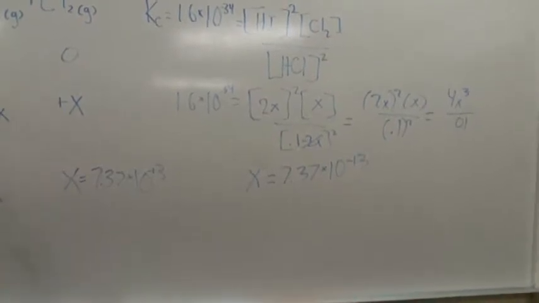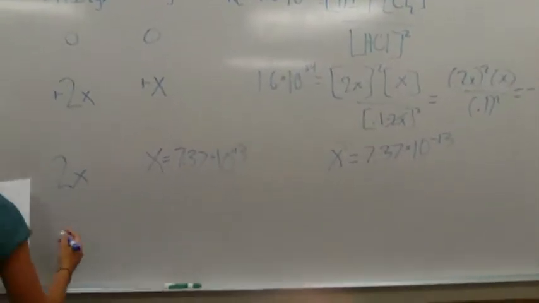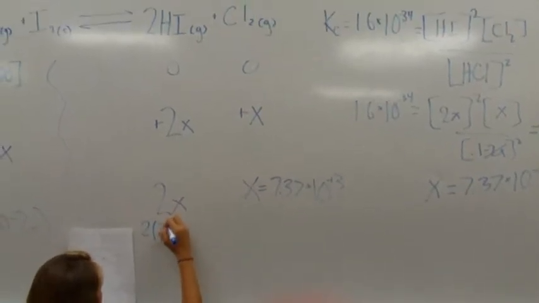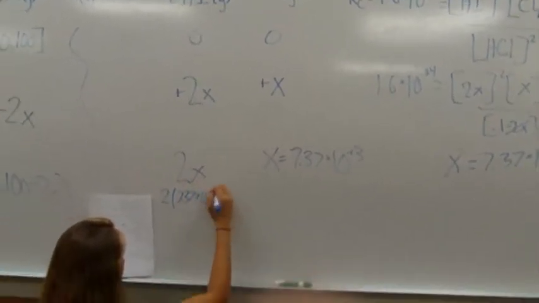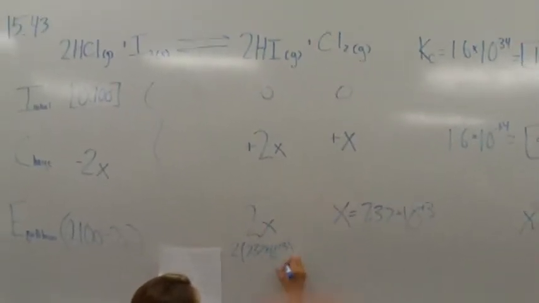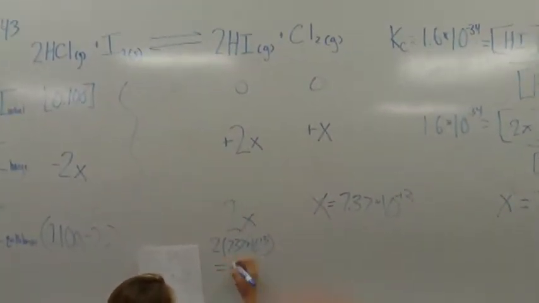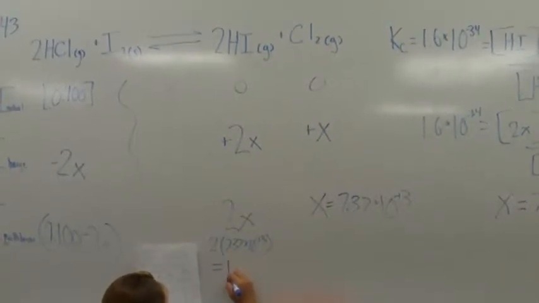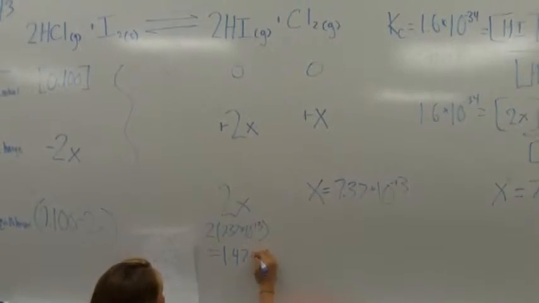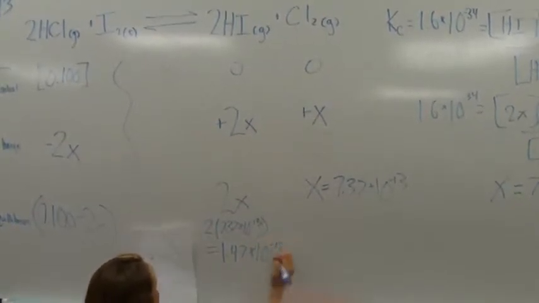Our concentration of HI is 2 times 7.37 times 10 to the negative 13, and that is equal to 1.47 times 10 to the negative 12.